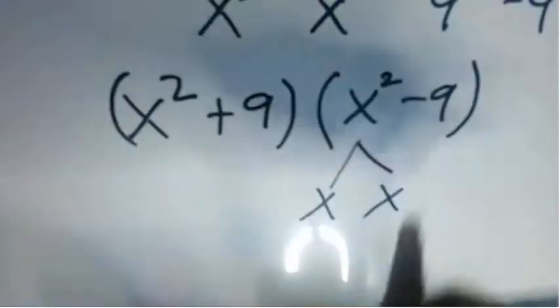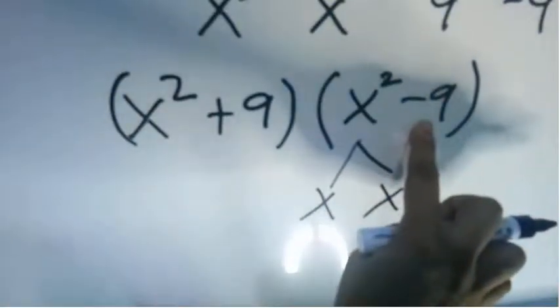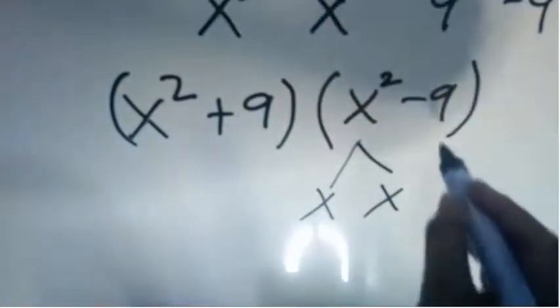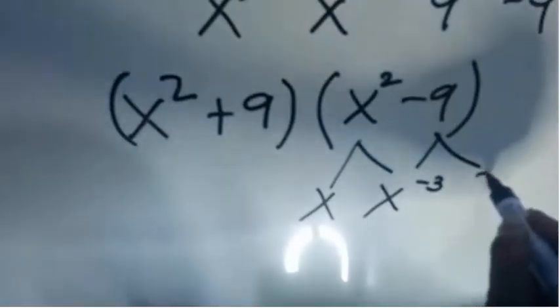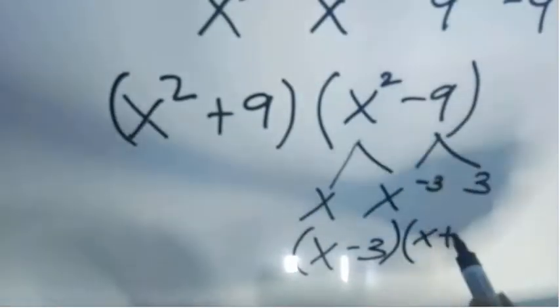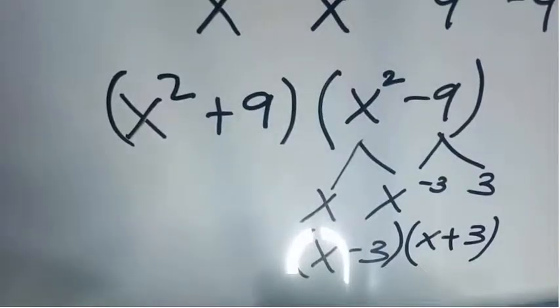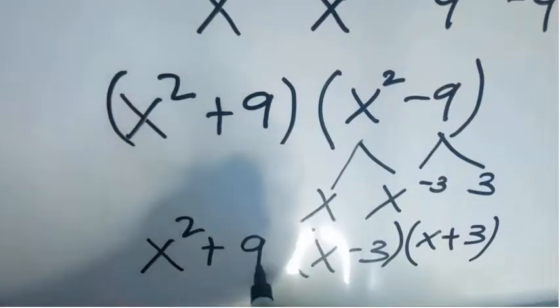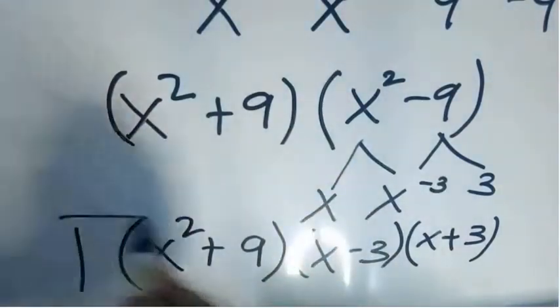X times x. Then we have negative 9. The square root of 9 is 3. So we have negative 3 and 3. Therefore, we have x minus 3 times x plus 3. Therefore, the factor of x to the fourth minus 81 is x squared plus 9 times x minus 3 times x plus 3.